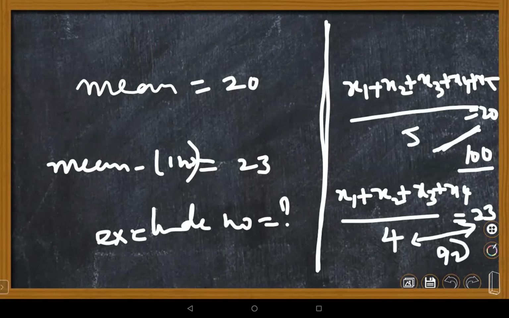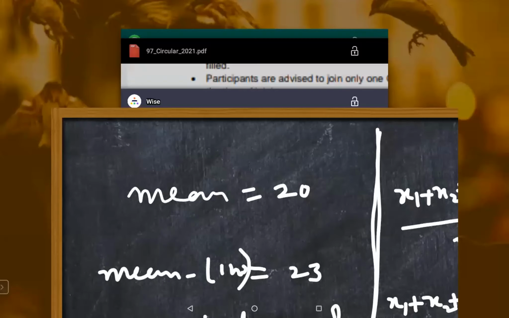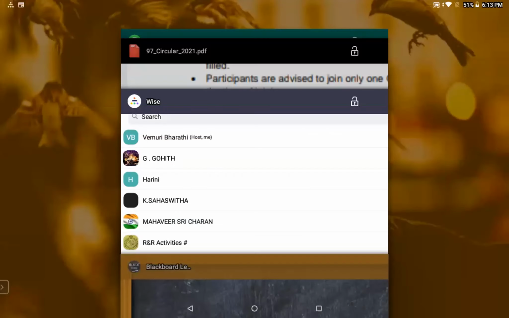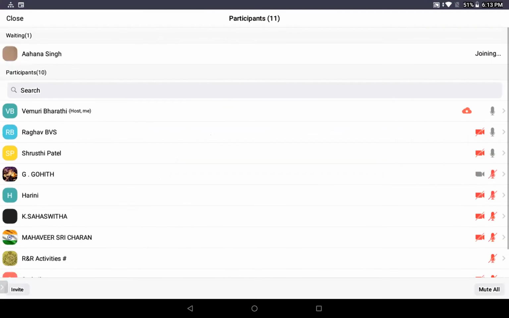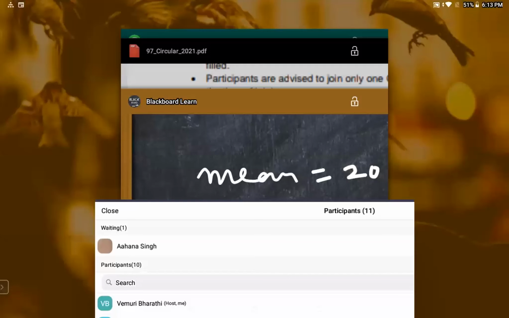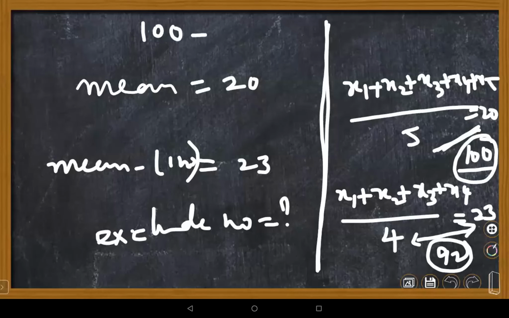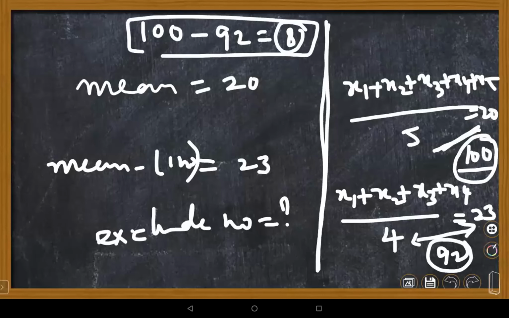Now the difference between these: 100 minus 92 is 8. That is the answer. What is the excluded number here, children? Yes, ma'am, 8. That's all, Raghu.